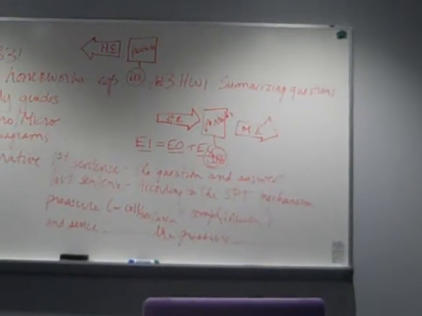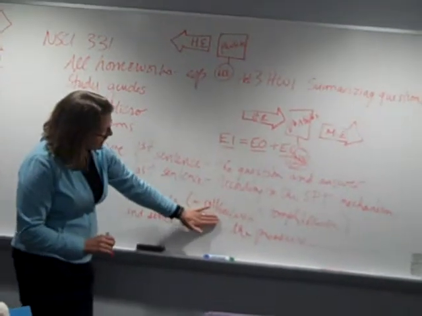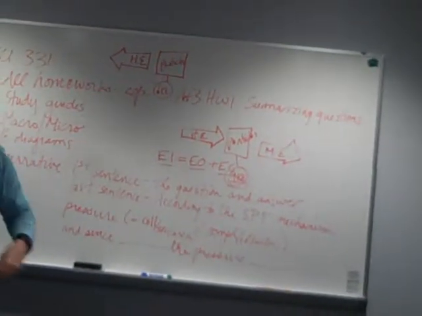So these gave some people some problems. I'm gonna reiterate to you again that pressure is related to collisions per second per area times oomph per collision. Okay? You see those last 3 boxes?